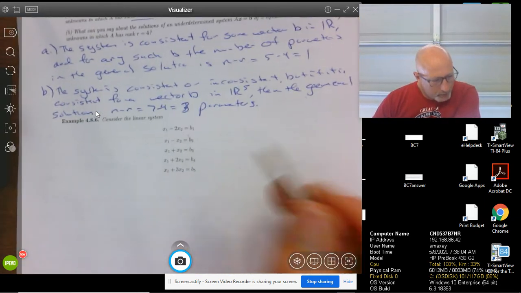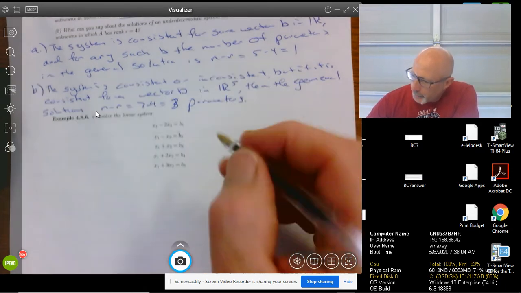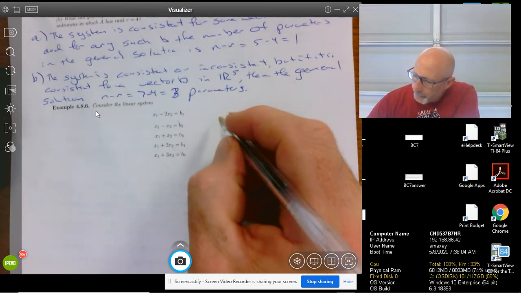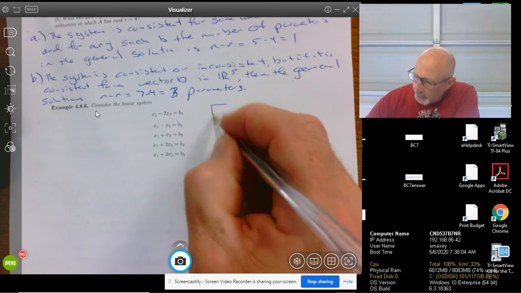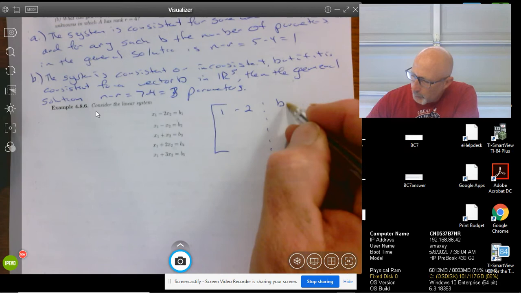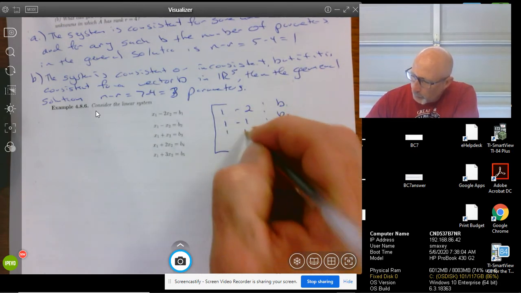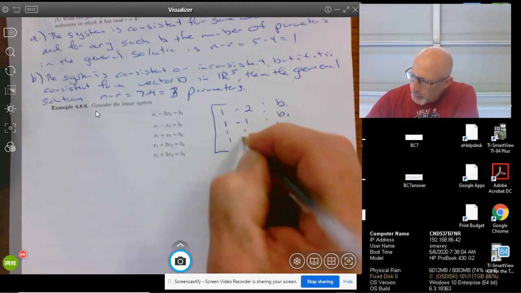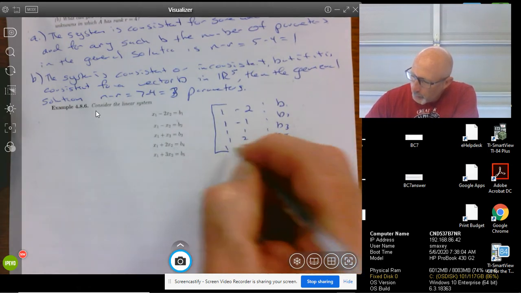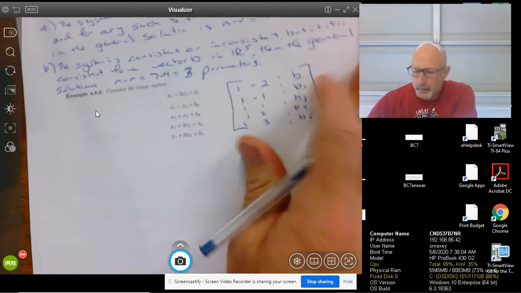So we have this, which I can write as a system of equations, right? And if I augmented it, it'd be 1, negative 2, b1, 1, negative 1, b2, 1, 1, b3, 1, 2, b4, and then 1, 3, b5. Okay, that's what it is augmented.